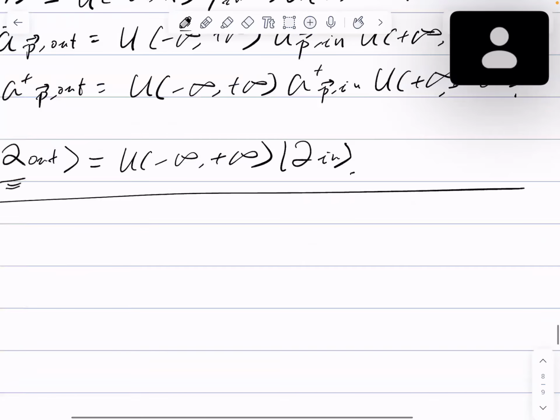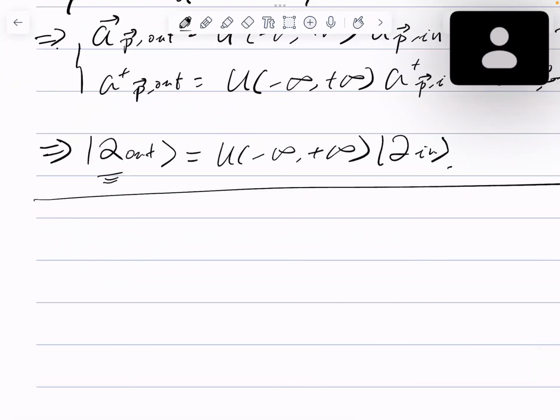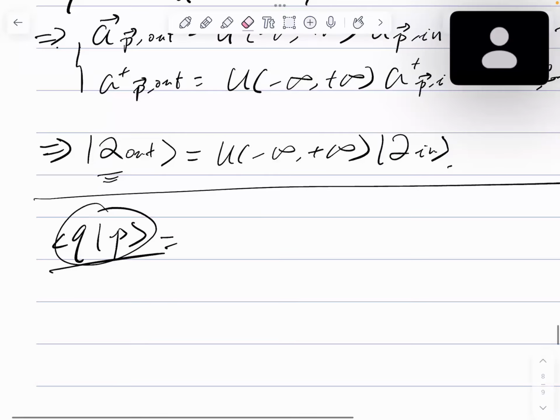And using these in and out states, we can express any transition amplitude q and p using the in and out states.